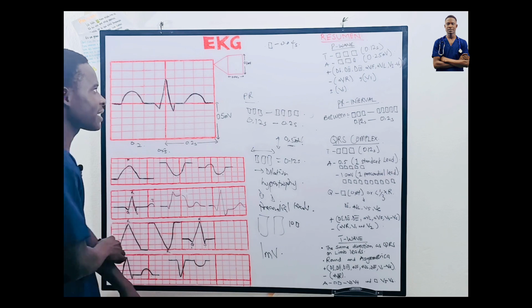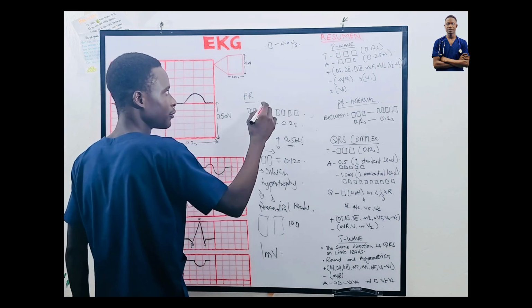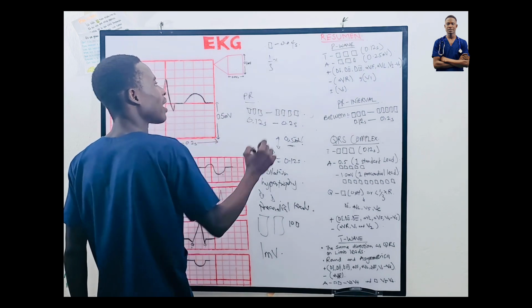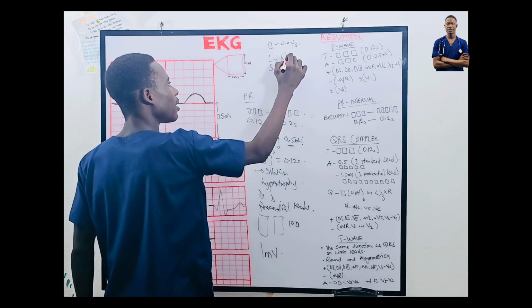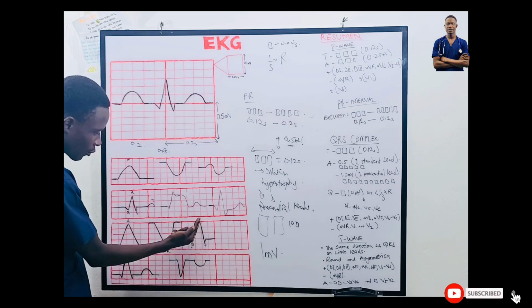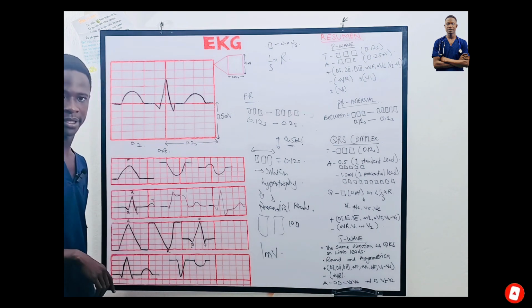And then its amplitude, you understand? Its amplitude is supposed to be less than one third of the R wave. So if you take the R wave, the Q must be less than one third of it.